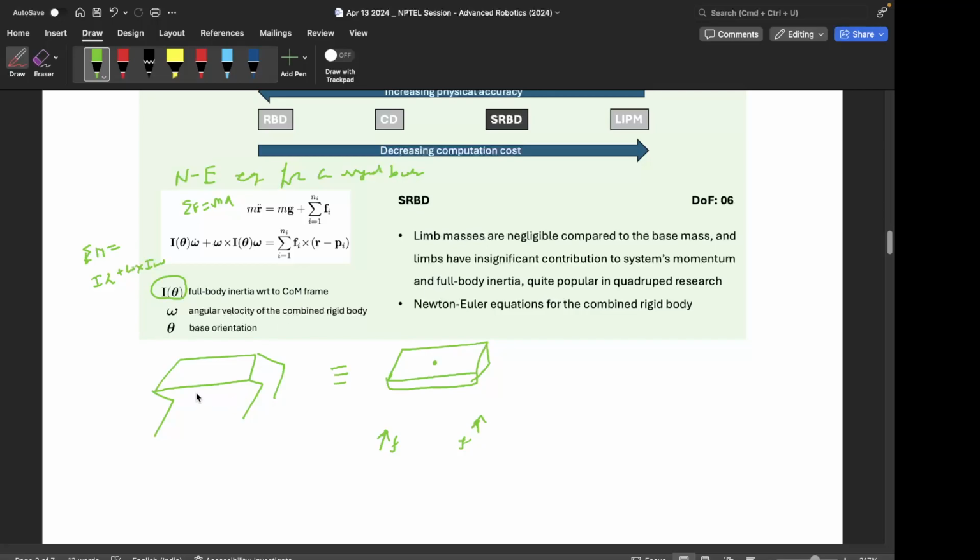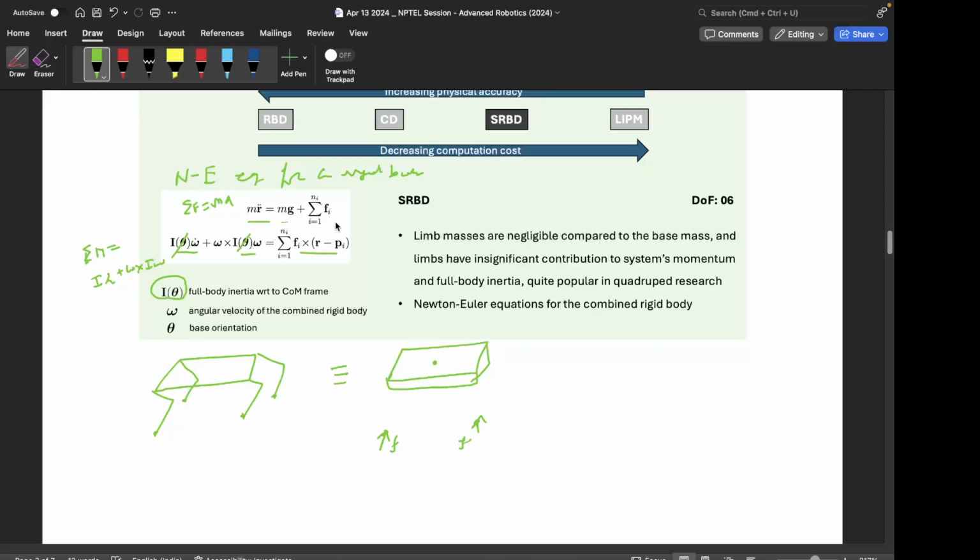So in a default configuration, let's say a standing configuration, which is almost close to what the robot is also while walking, and since we have made an assumption that the legs are light, as the legs move, the inertia matrix will also not change significantly. So we compute the inertia matrix in a default configuration, and we remove this dependence on theta, right?